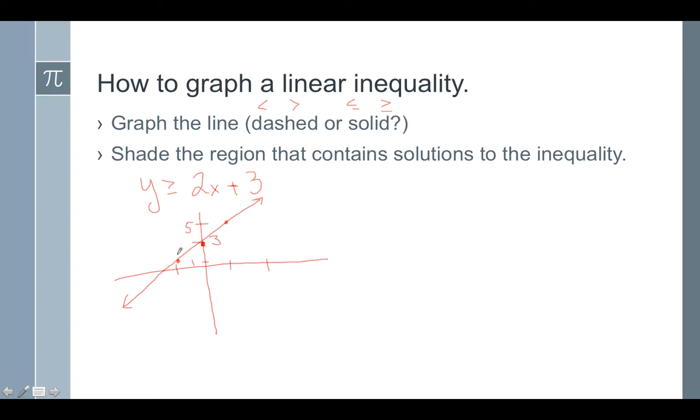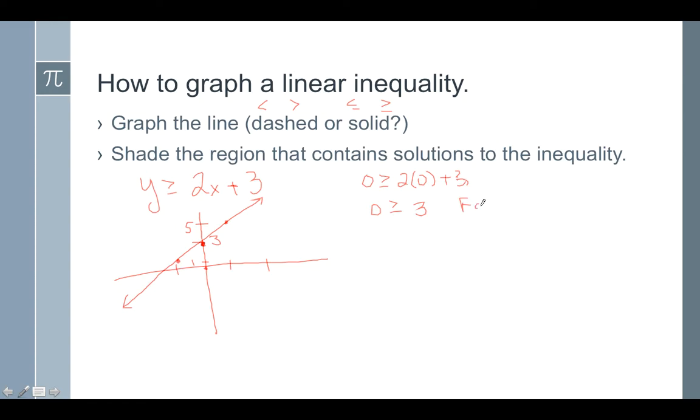What we need to do is determine what side of the line gets shaded. There's a couple ways to do this. The first way is to just test a point. Notice we have above the line and below the line. A really nice point to test is 0, 0. If I plug in 0 greater than or equal to 2 times 0 plus 3, I can ask myself, is 0 bigger than or equal to 3?